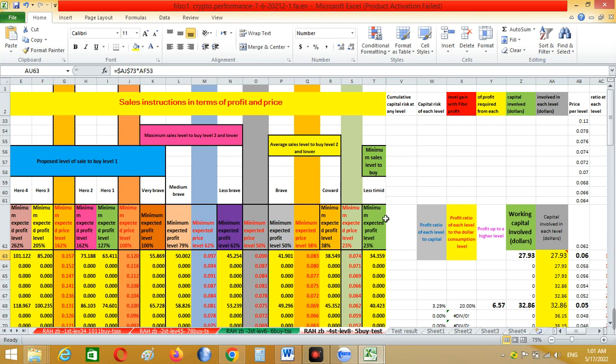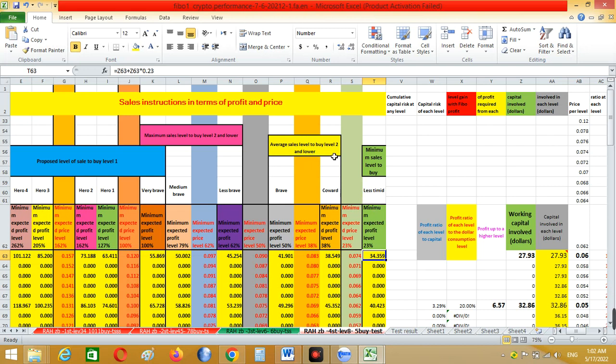The minimum for first step, you need to gain 23%, and we define percentage and the price which we need to come out for selling. And this is price, and this is the profit which we need. So this makes our sales more simple.